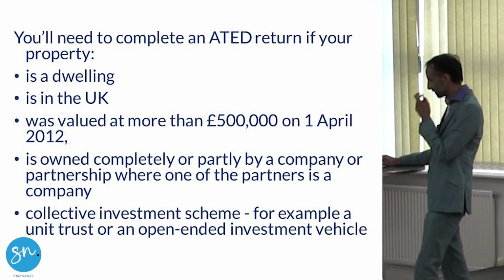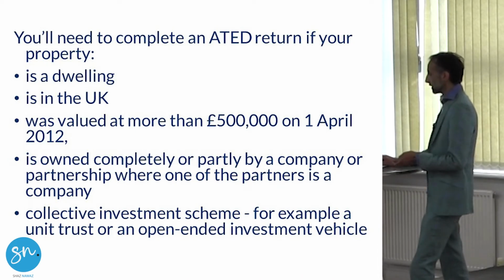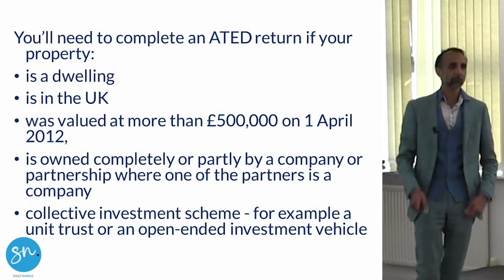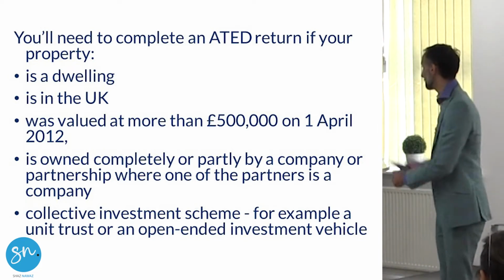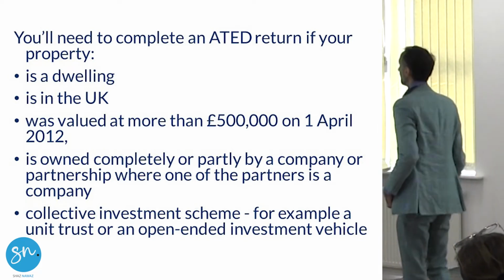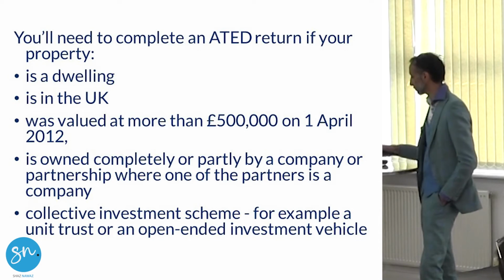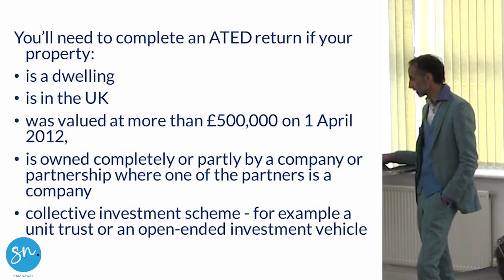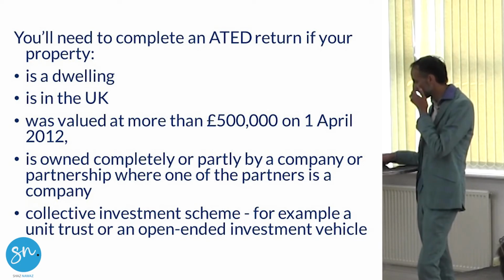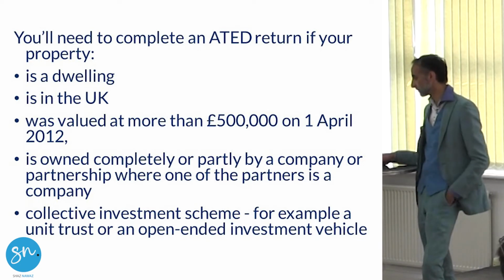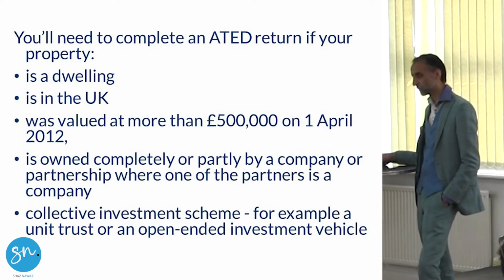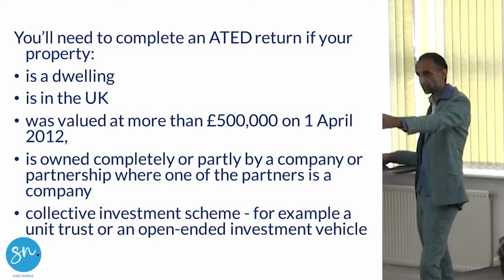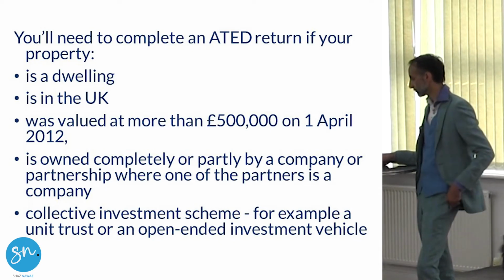Here we go, this is the important bit. So, if you buy a property in a limited company, which a lot of people do, and it's in the UK, and it's worth more than £500,000, and on the 1st of April 2012 going forward, and is owned by a company, fully or partly, so this could be a mixed partnership, Joanna, yeah?